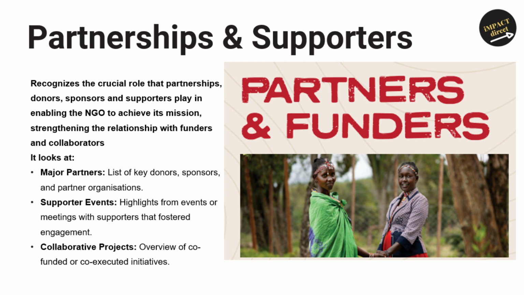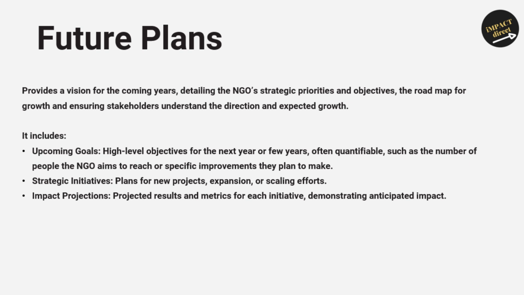What do you intend to do in the coming year? As of where we are right now, we are really guided by our strategic plan and our multi-annual plan. And so in the future plans, you're really just extracting, I must say. You're saying, number one, what are your upcoming goals?